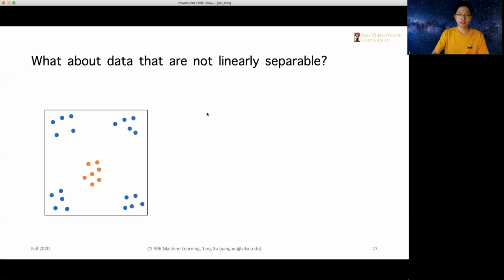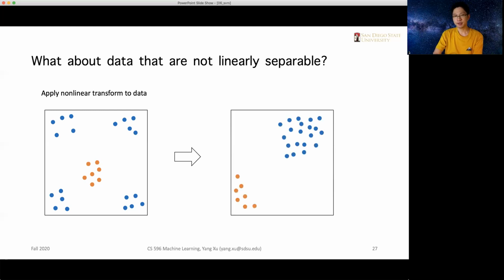Okay, so the problem is that some data sets are not linearly separable. If we have a data set like this, it seems impossible to draw a linear line to split the two classes, right? So what we could do is apply a non-linear transform to the data. We try to apply some transformations so that all the blue dots are transformed to one cluster, and all the yellow dots are transformed to the other cluster.